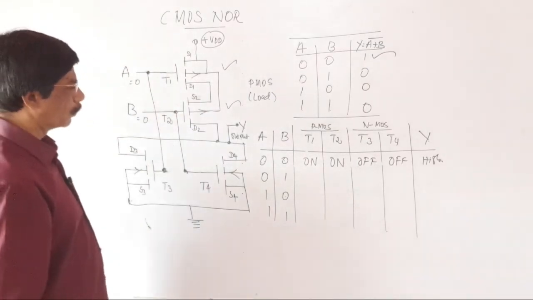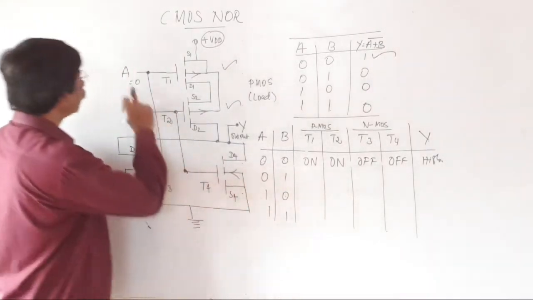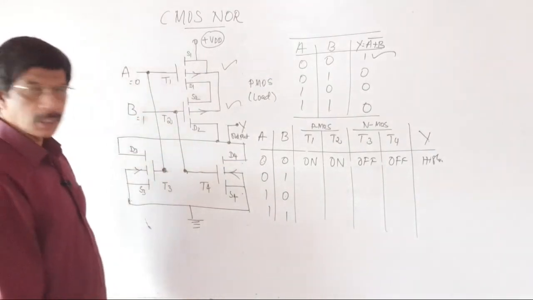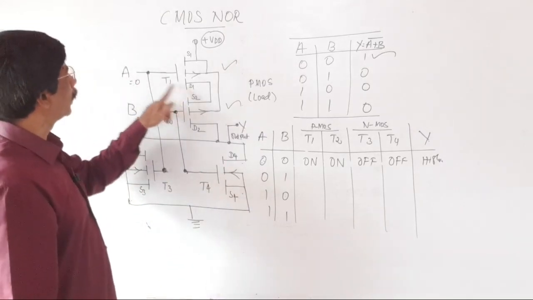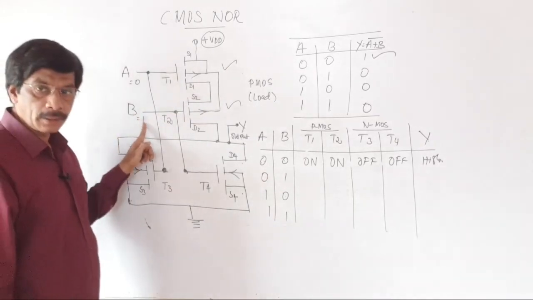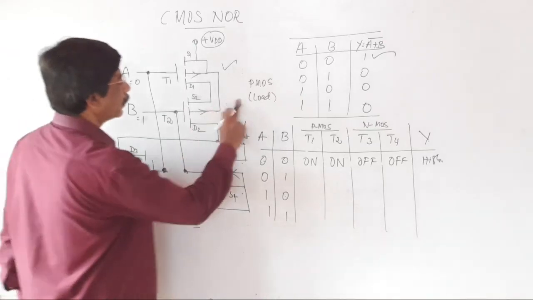The second row, A is equal to 0, B is equal to 1. In this case, A equal to 0 switches on the transistor T1, and B equal to 1, the high input, switches off the PMOS transistor; this is off condition.